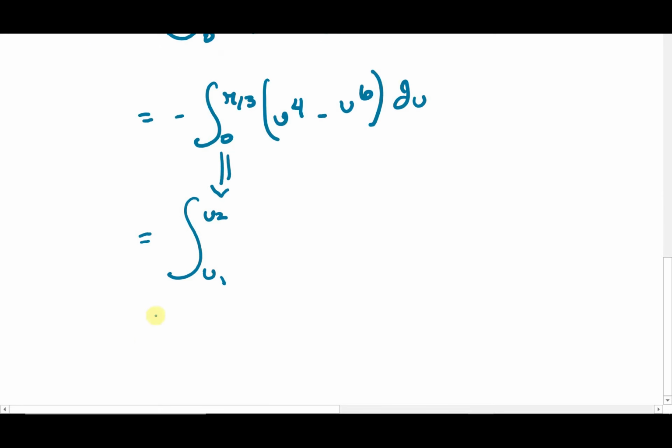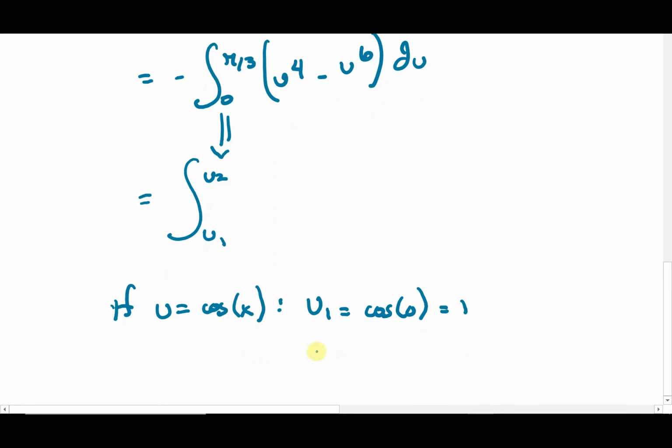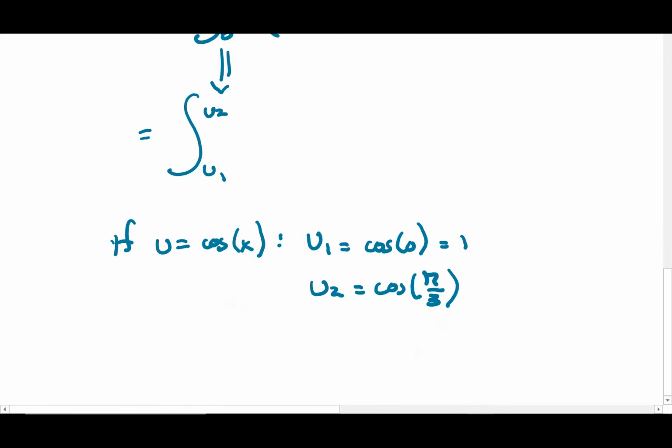For instance, if u equals cosine x, then u1 equals cosine 0, which is 1, and the upper bound is cosine pi thirds, which is 60 degrees, and the cosine is going to be 1/2. Or we can use these two cases.